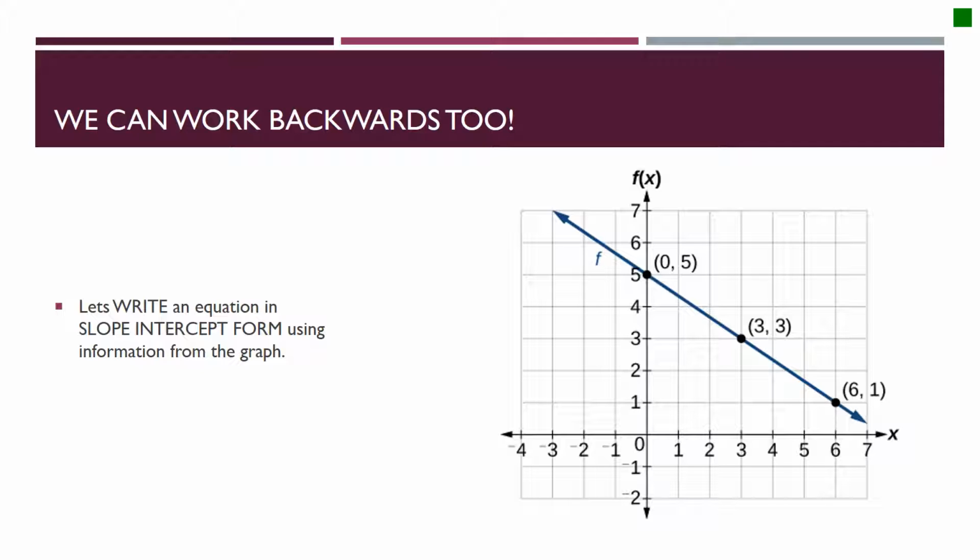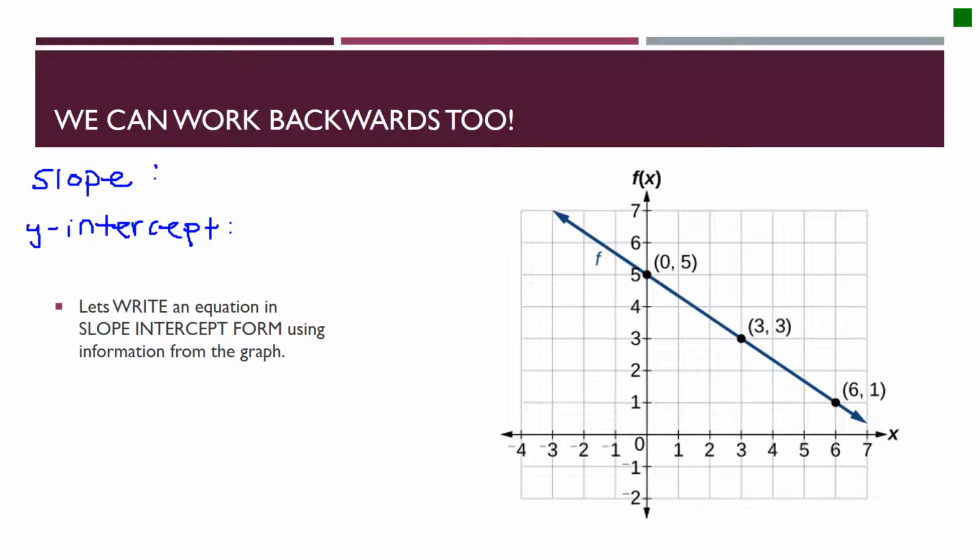So remember, an equation in slope-intercept form needs a slope and a y-intercept. If we have those two pieces of information, it becomes very easy to fill the information into our equation.